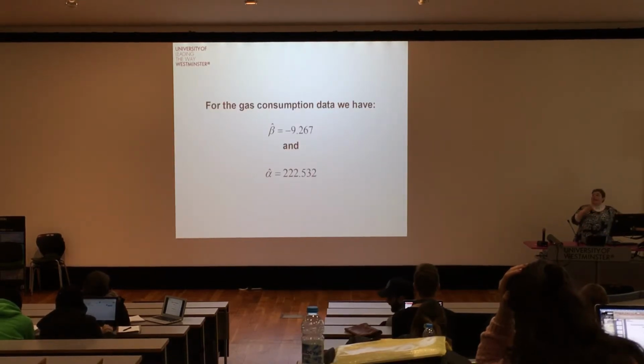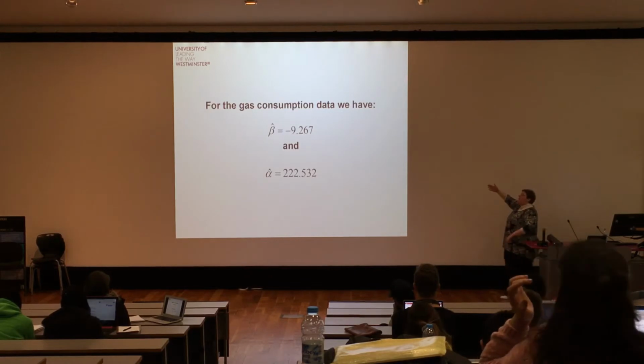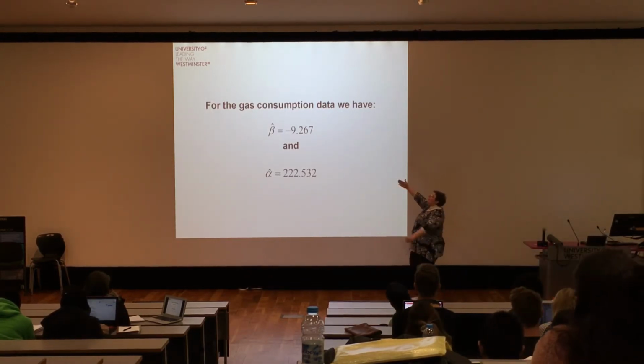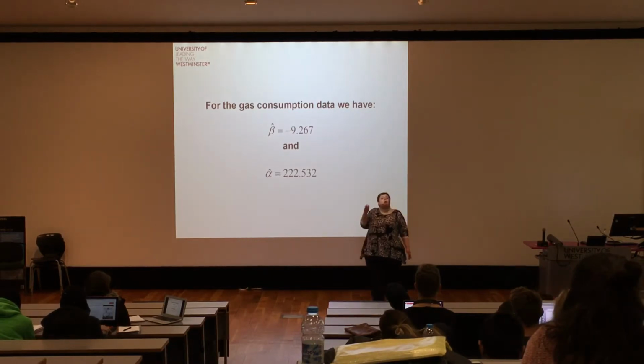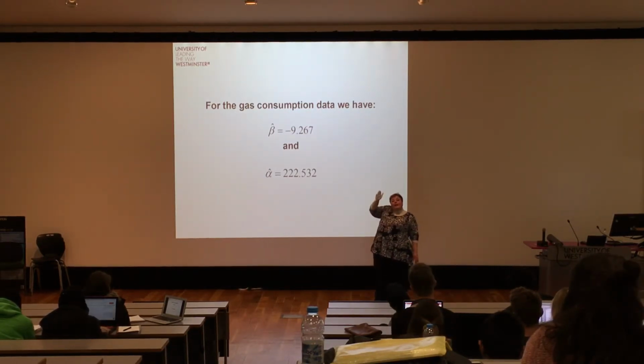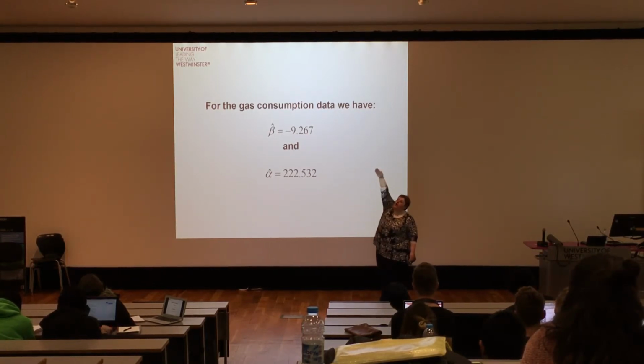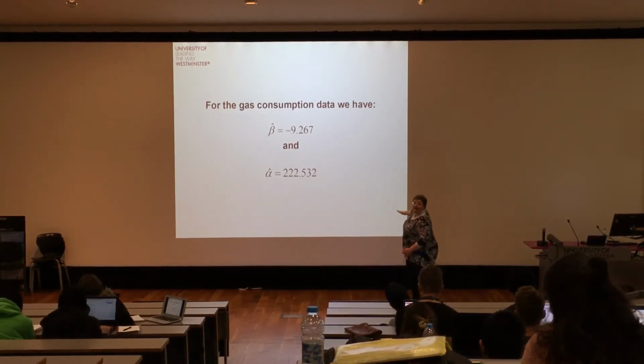So for the gas consumption, if you use the formula, you get a negative beta. Look, you expect beta, the slope coefficient, to be negative because the line has a negative slope, and a positive intercept alpha, because remember the data are like that.